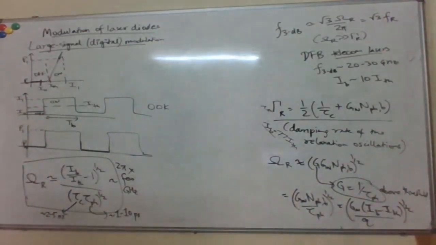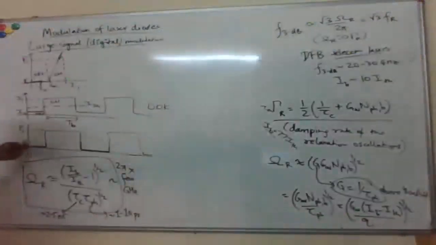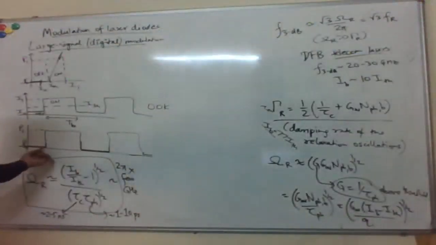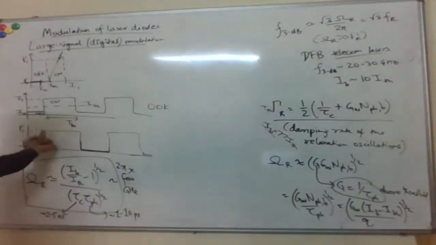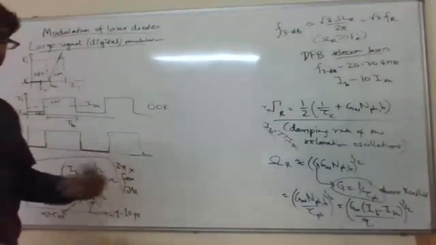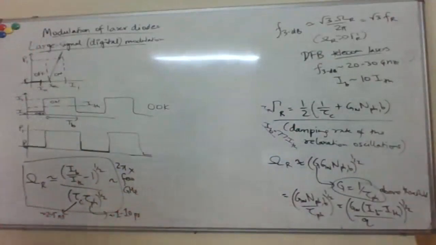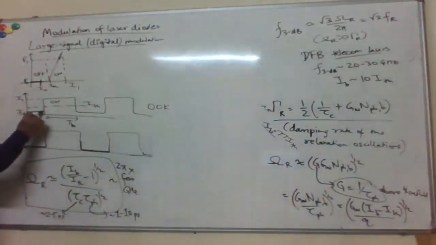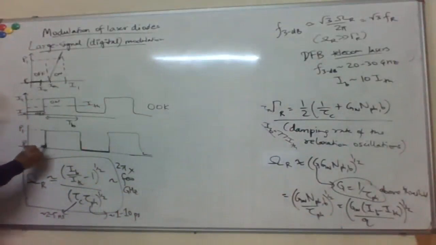But again you have this complicated dynamic between the carriers and the photons. So you can imagine that the device is off here, and then the device will have some finite response time. If you change your current suddenly, the device won't immediately respond. So this is an ideal case.